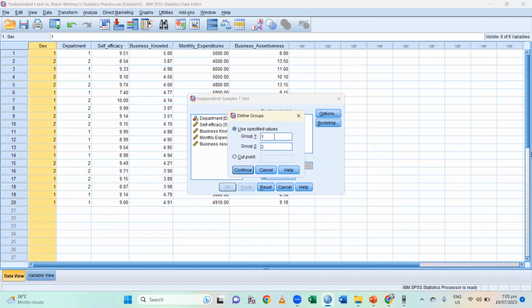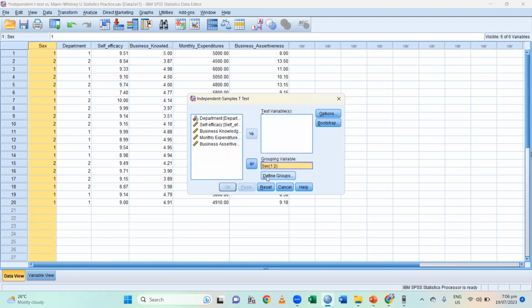Group 1 is the group of the males, whereas 2 is the group of the females. If that's the case now, then click Continue. Okay? Now, remember, our dependent variable earlier was self-efficacy, right?